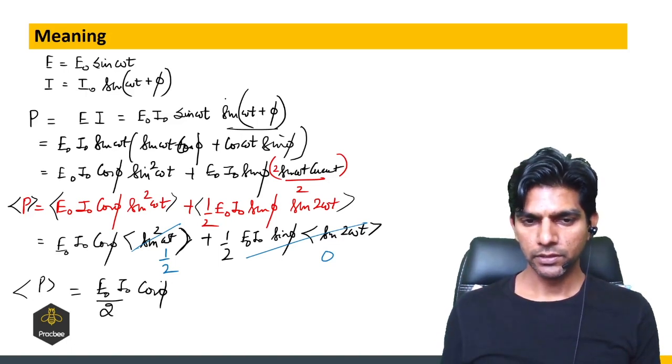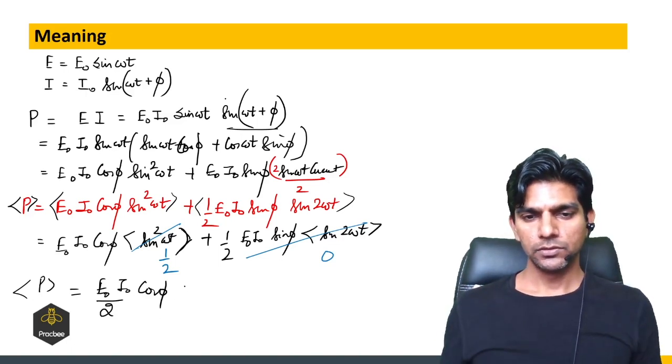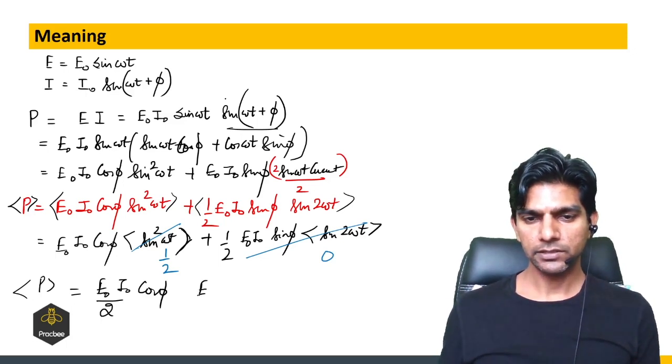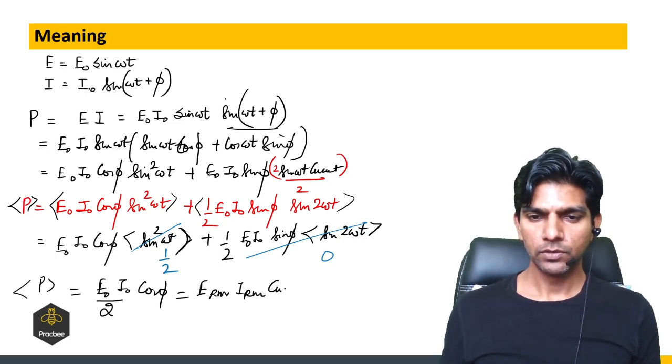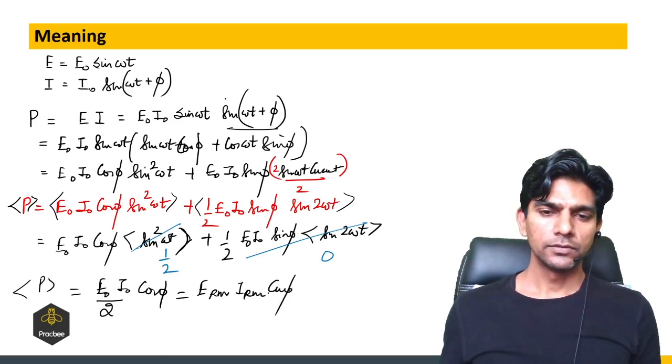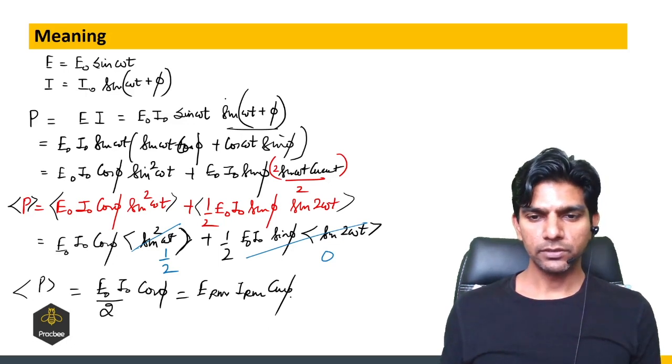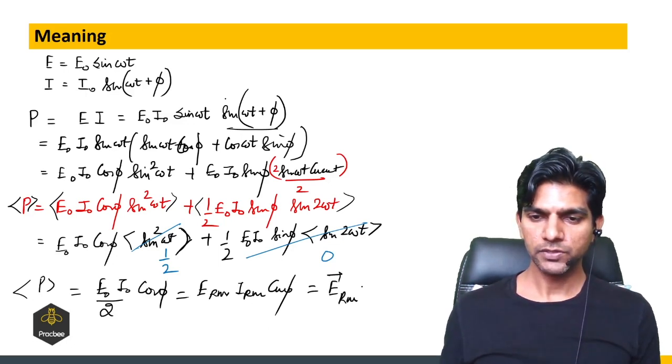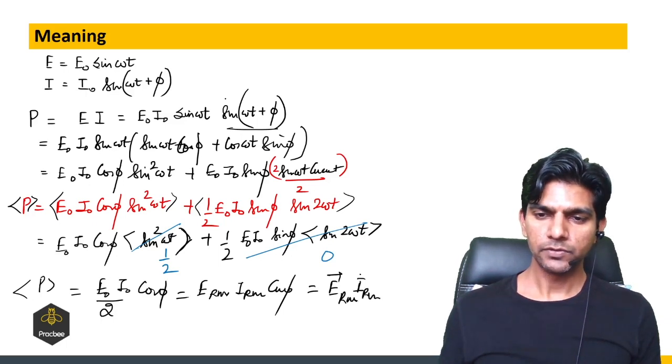Let me further write different forms of this. So this root 2 can be written as root 2 square. So we can write this as E RMS I RMS cos phi. So this formula looks like AB cos theta, right? So we can write this in vector notation: E RMS vector, I RMS vector dot product.